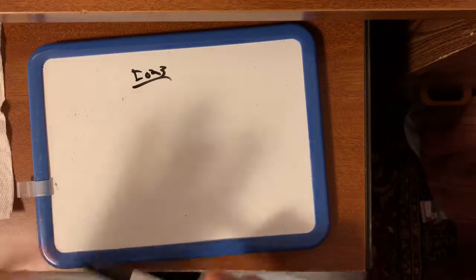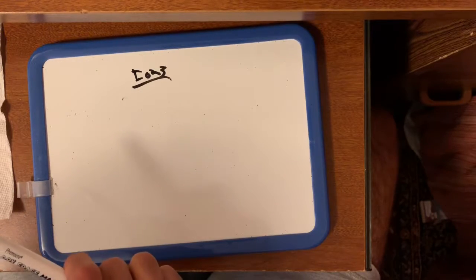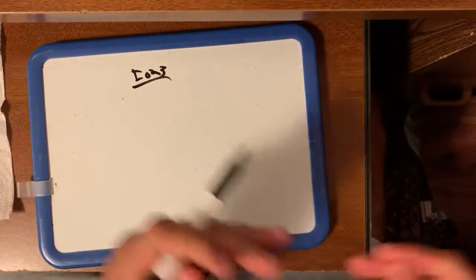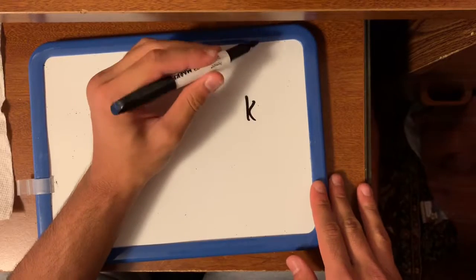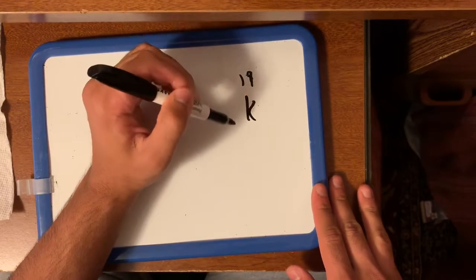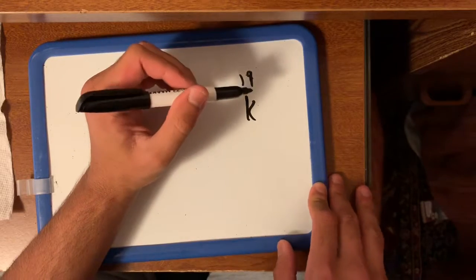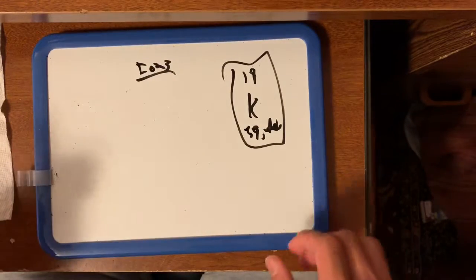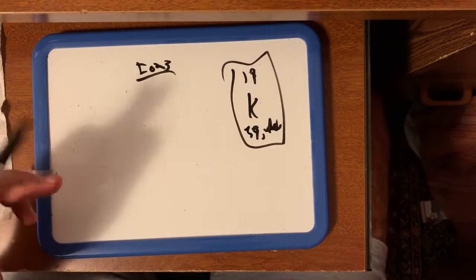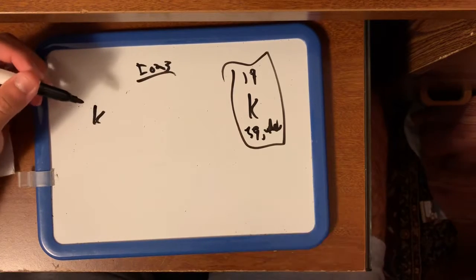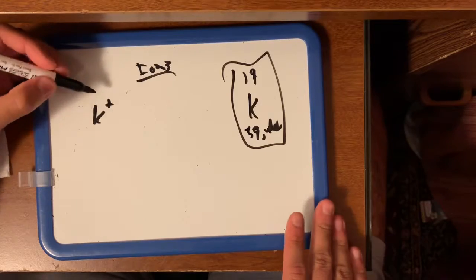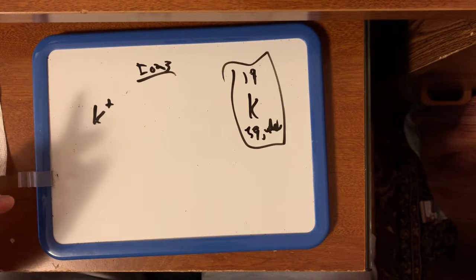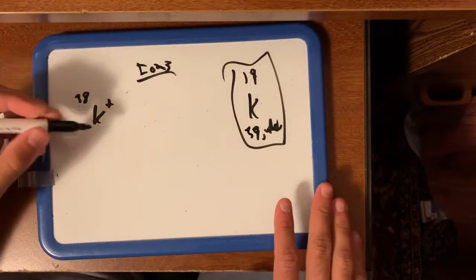A better example would be potassium. Okay, so this is potassium, and it has an atomic mass of 39 point something. That's what potassium looks like, okay? So potassium K plus, and since its atomic number is 19, let's just round it off to 38.